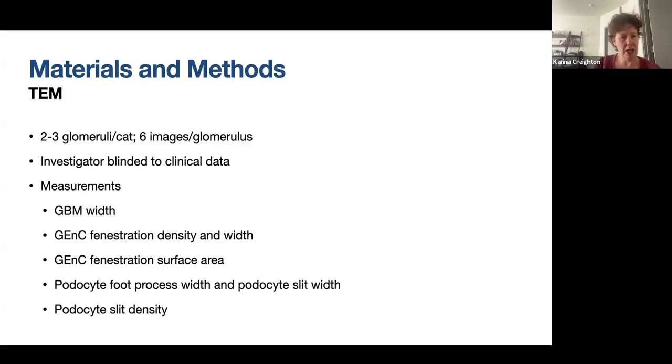The investigator evaluating the samples was blinded to the clinical data, and the measurements they were evaluating were basement membrane width, the endothelial fenestration density and width, and then also calculating the surface area of the fenestrations, and then looking at podocyte foot process width and slit width, and then also slit density.